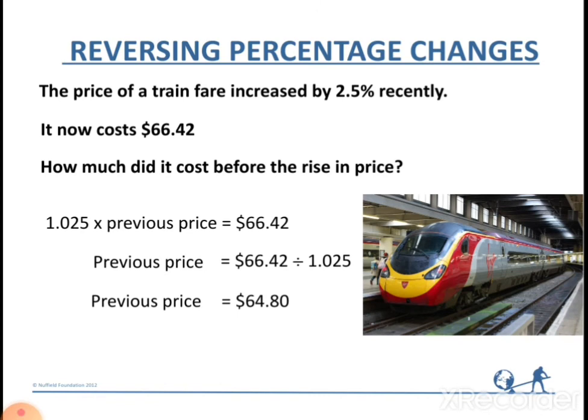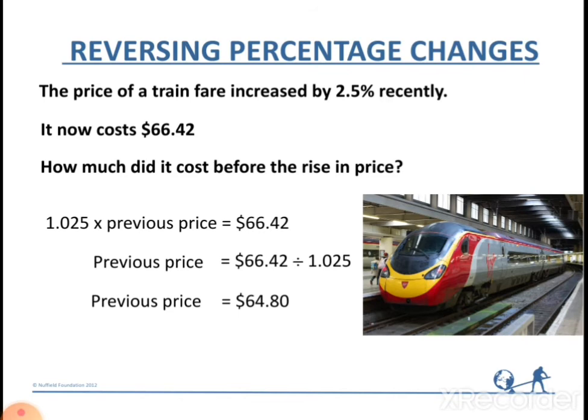Reversing percentage change, it's very important. The price of a train fare increased by 2.5% recently because of the inflation rate. It now costs $66.42. How much did it cost before the rise in price? We have to find the previous price.